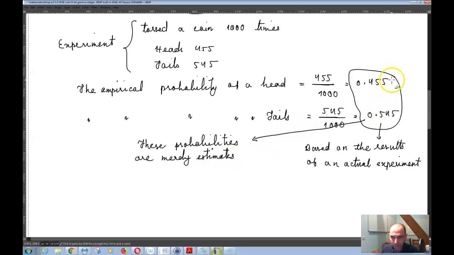What that means is that if you keep repeating this experiment a higher number of times, for example 2000 times, 3000 times, and so on, we may get different results, because the numbers will change, of course.